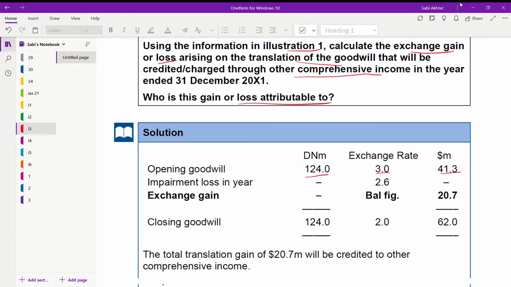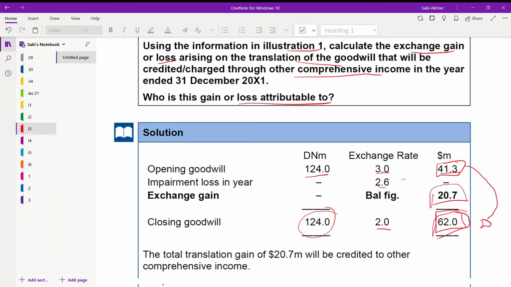Impairment, there is no impairment. Still they have written the date, but it's okay. If you want, you can just write a dash for this because you are not using the impairment. There's no impairment here. So closing goodwill will be the same as opening goodwill, and this opening closing you will be dividing by 2. Hence this 62. Okay, but when you're taking this 41.3, you see this is 41.3, but this is 62. There's a difference between these two. That difference is the exchange gain, because if you see the opening goodwill, it increased to 62.